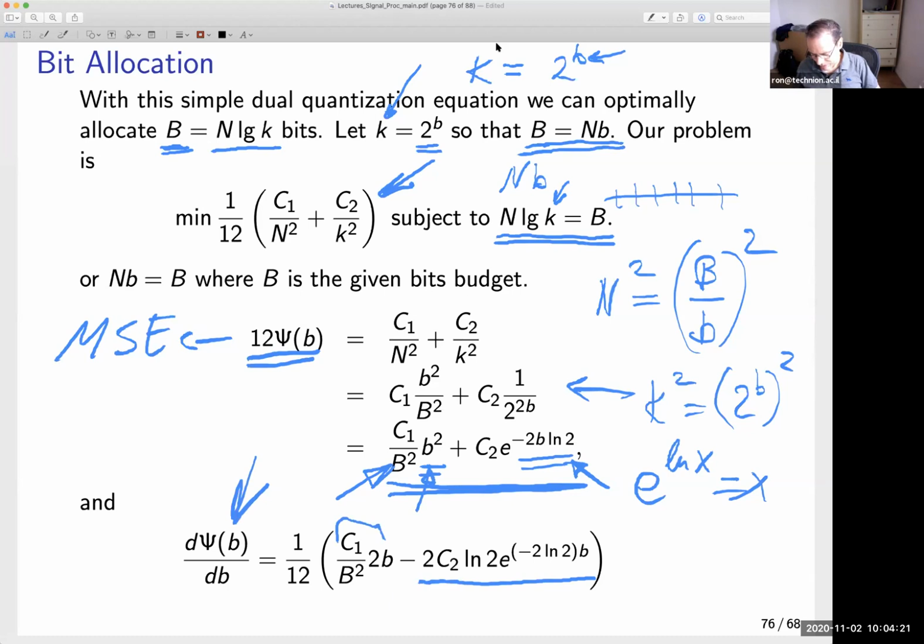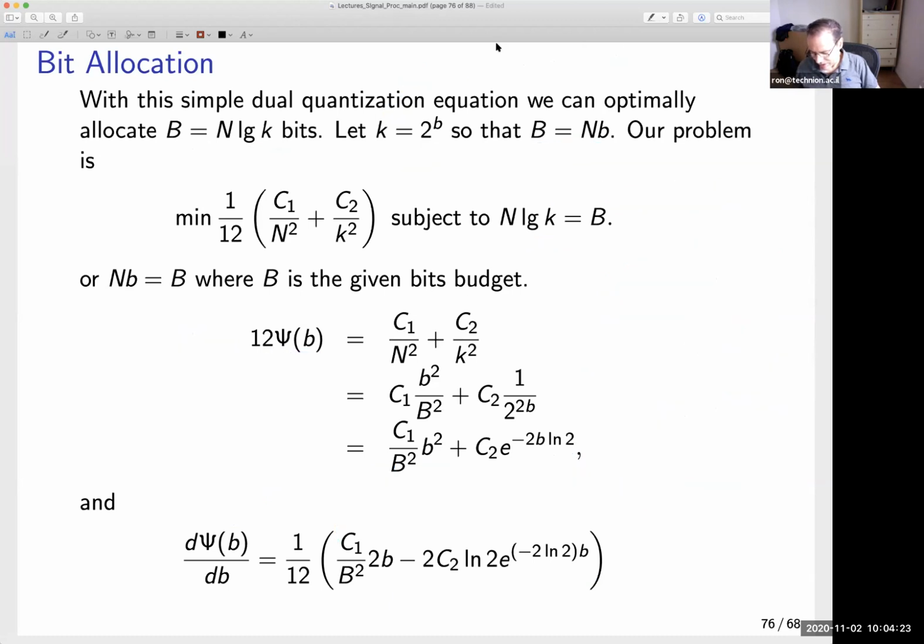So if I would put it all together as a graph, so again, remember that this guy, if now I would be looking at the following. So this would be b, and this would be my error, okay, or this function. So this would be my phi b, derivative of phi with respect to b.